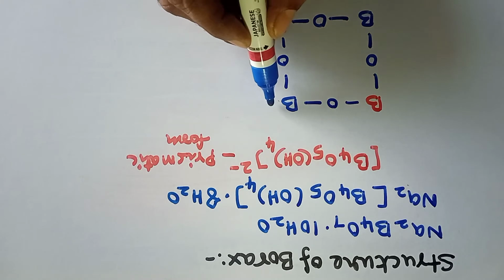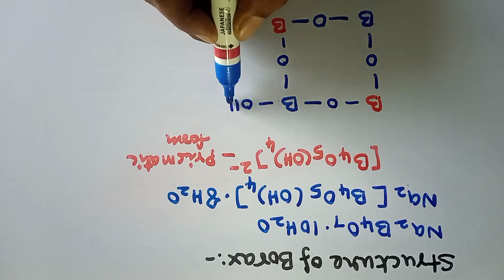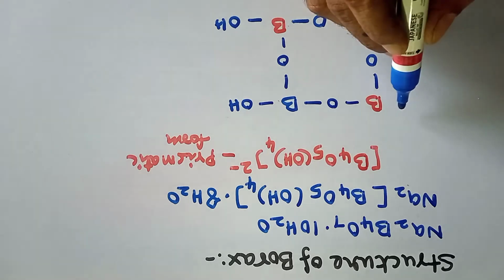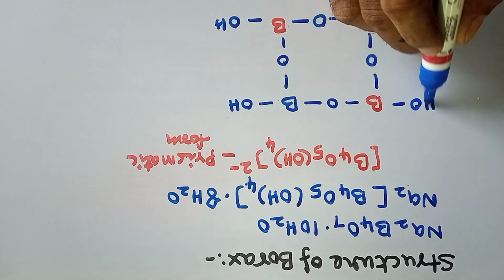The OH is present outside, here one OH. There are 4 OH present in the borax unit. OH, here OH, here OH.